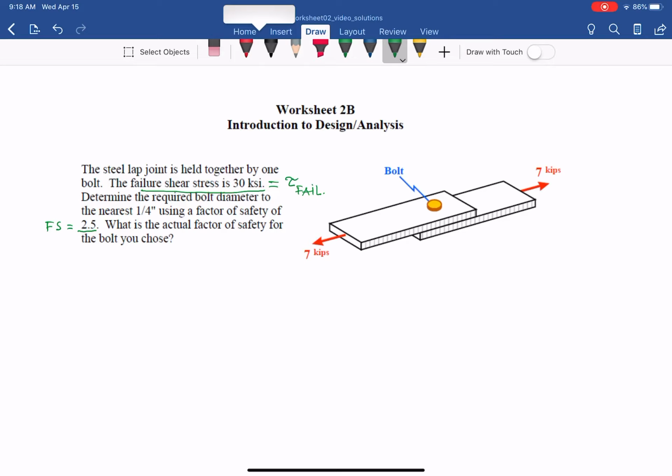If you recall worksheet 1E, and you want to check, and you are confused about the concept we use here, go back and check that worksheet.